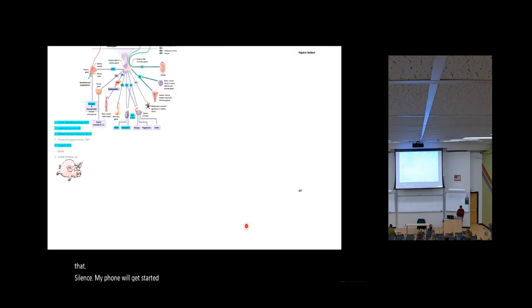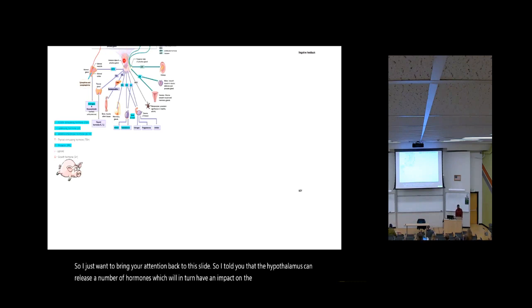All right, so I just want to bring your attention back to this slide. I told you that the hypothalamus can release a number of hormones which will in turn have an impact on the anterior pituitary gland, and that can release more hormones. But our focus today will mainly be on the FSH and the LH, which is released by the anterior lobe of the pituitary gland.